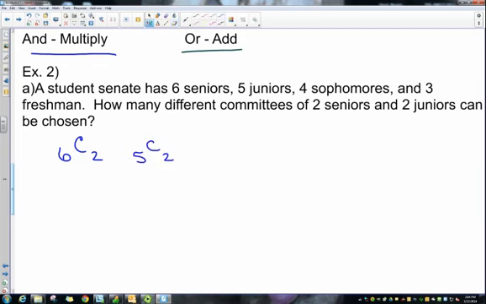Now the key word here is and. And means I'm going to multiply those 2 things together. So I go to my calculator, I type in 6C2, and I get 15. I then go 5C2, and I get 10. So there's 15 ways to choose 2 seniors and 10 ways to choose 2 juniors. Multiply those together. You've got 150 total ways that you can choose those representatives. And there's your final answer.